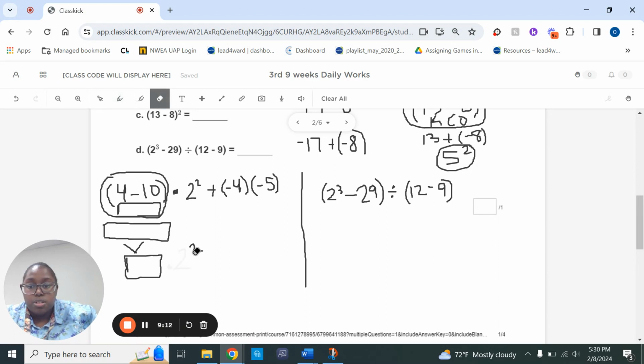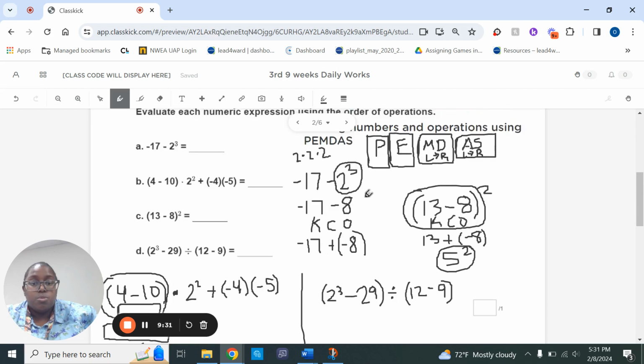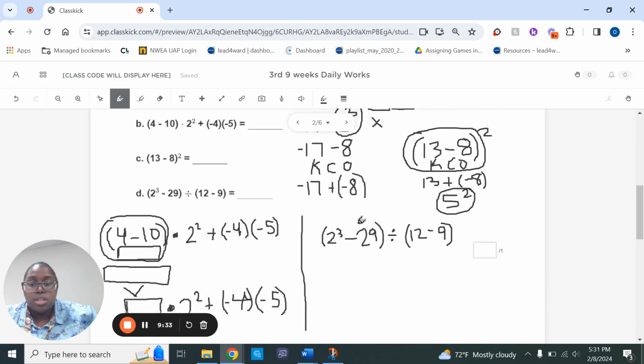Let me move this over. Plus minus 4 minus 5. All right, so we got done with the parentheses.